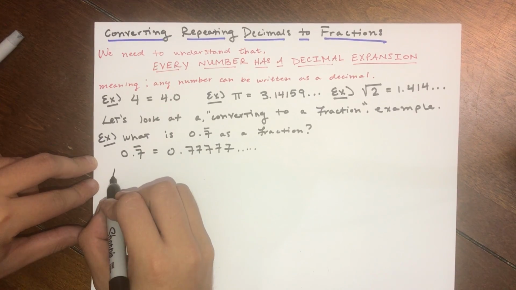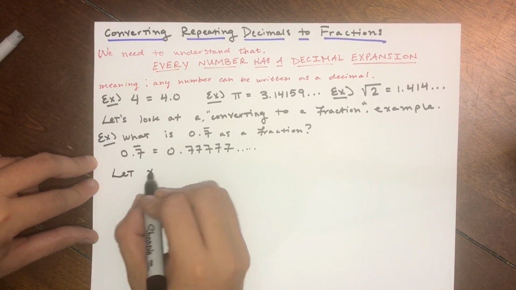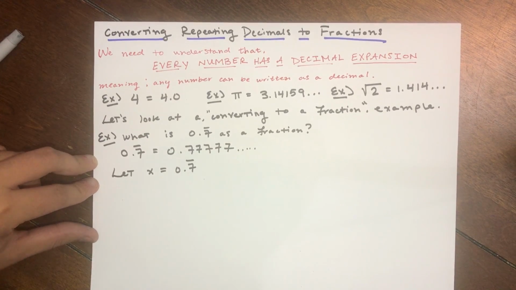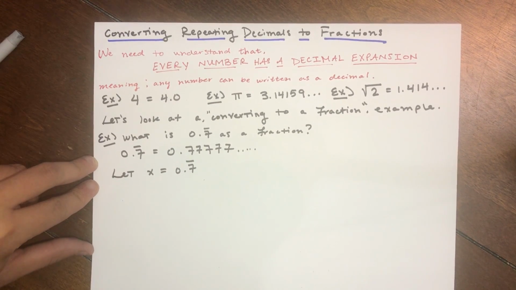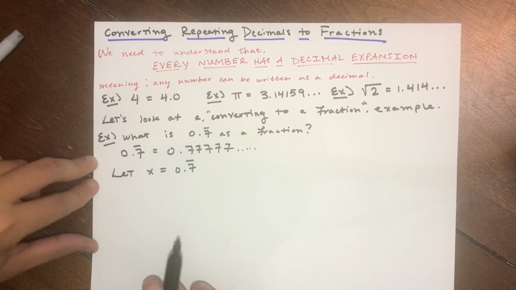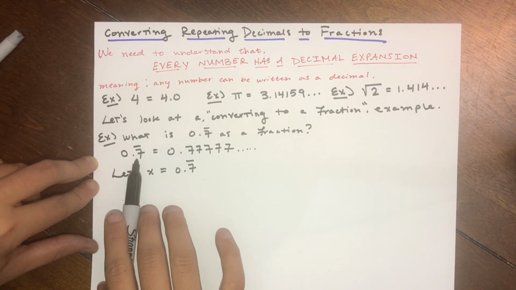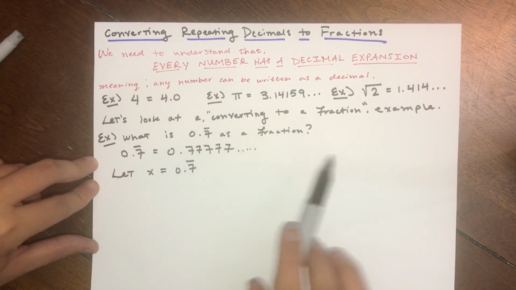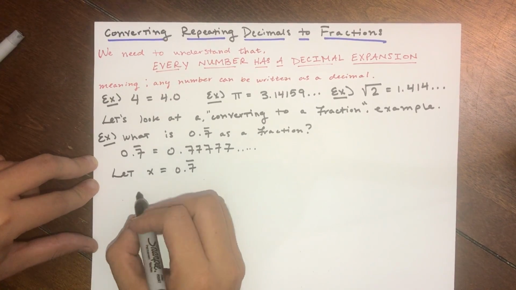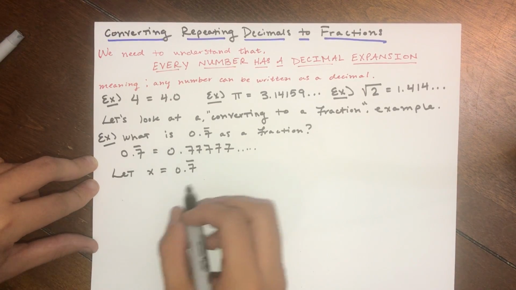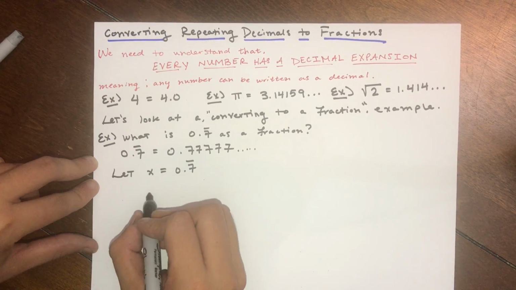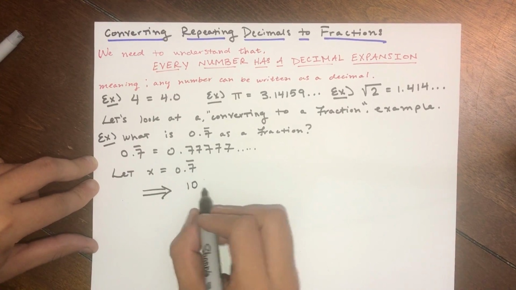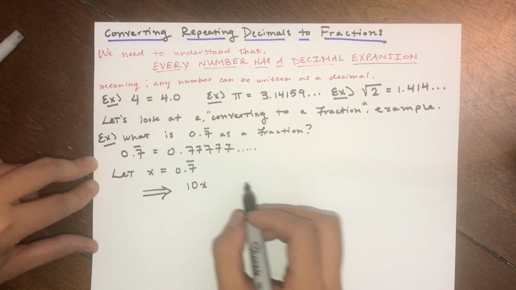Remember, the first thing we did was let x be equal to that repeating decimal that we want to turn into a fraction. The next thing we did: since it's only one number, in this case a 7, that keeps on repeating, all we have to do is multiply both sides of this equation by 10. 10 times x is 10x.